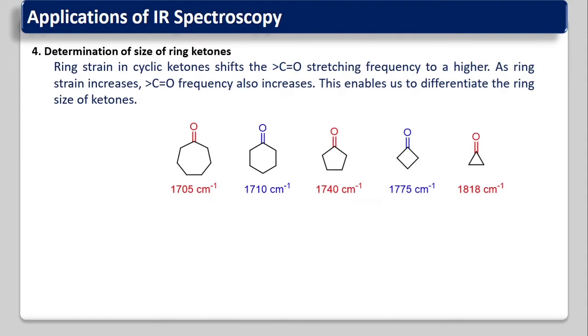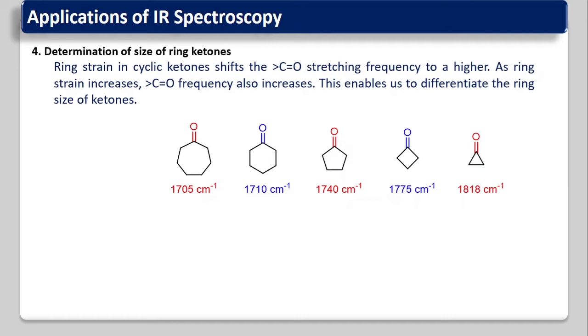For example, cycloheptanone absorbs at 1705 cm inverse. Cyclohexanone absorbs at 1710 cm inverse. So as the ring size goes on decreasing, the stretching frequencies go on increasing. Cyclopentanone absorbs at 1740 cm inverse.